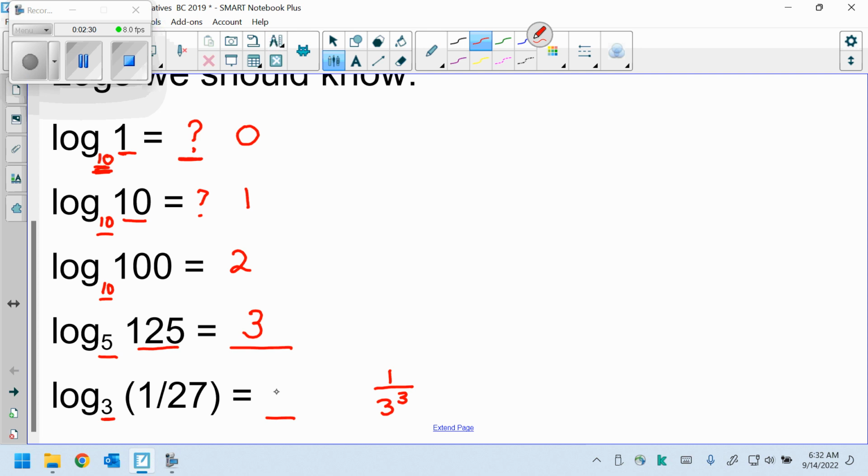So 3 to the negative 3 gives us 1/27. Because 3 to the negative third is 1/27. So we're looking for the exponent when we're looking for the value of a log with any particular base. These are things we should be able to figure out in our head, not have to use a calculator for.